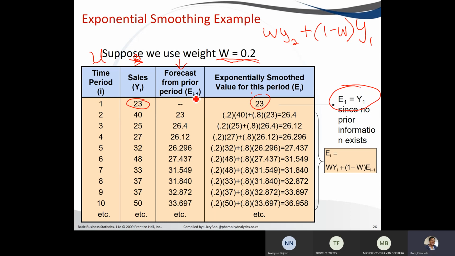So our weighting is 0.2. Our y2 is 40. 1 minus w is 1 minus 0.2, which then becomes 0.8.